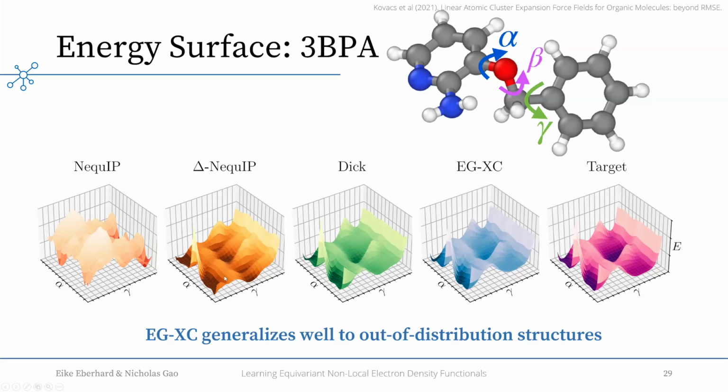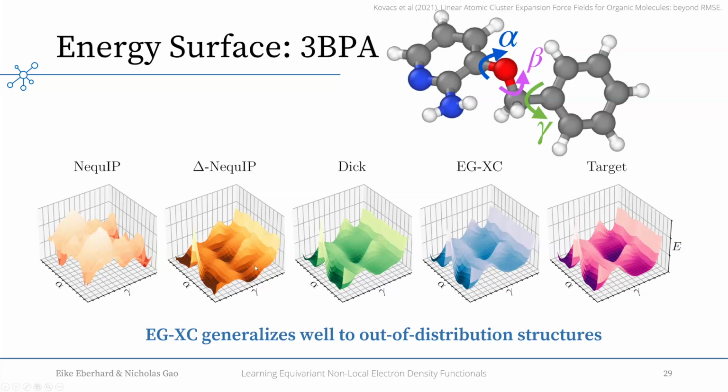Then with delta ML, it's already a bit better informed by subtracting this base density functional theory level of energy, but you get two minima where the ground truth only has one, which would be unphysical.